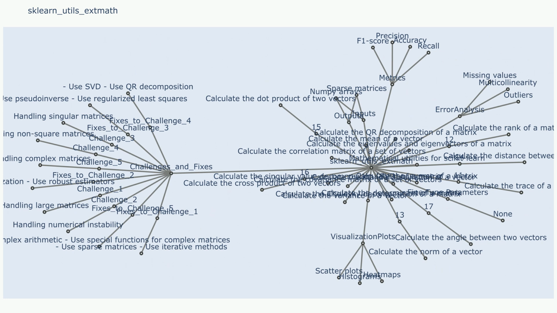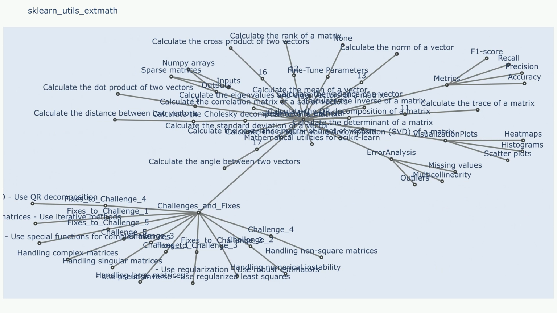Challenge 3. Memory efficiency. Sample use case: working with large matrices can lead to excessive memory usage, especially when performing operations like matrix multiplication. Fixes. Some functions, like safe_sparse_dot, are optimized to work with sparse matrices, reducing memory requirements.